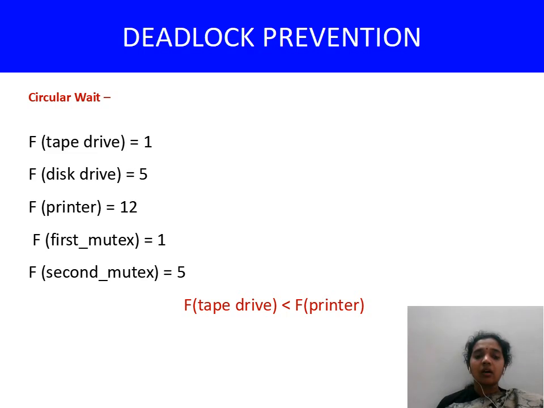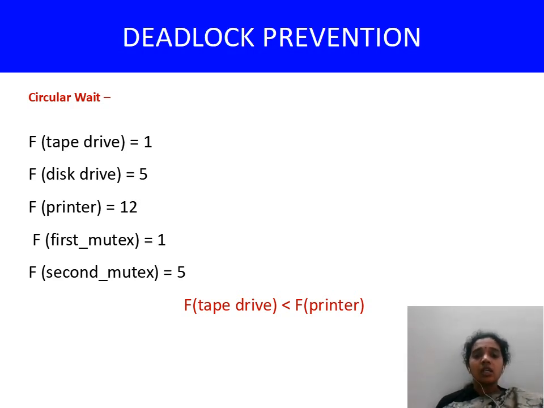So finally, by making all four conditions false, or even any one condition false, we can prevent the deadlock. One way to avoid the circular wait is to number all the resources and to require that processes request resources only in increasing or decreasing order.